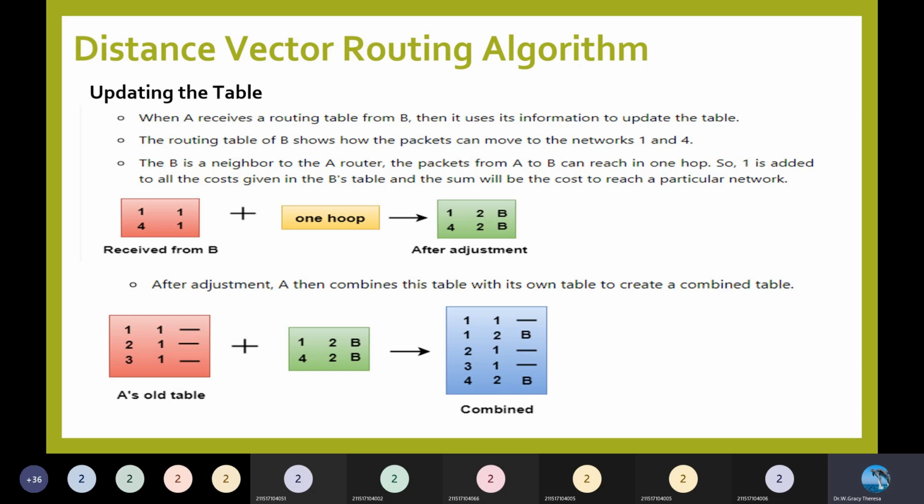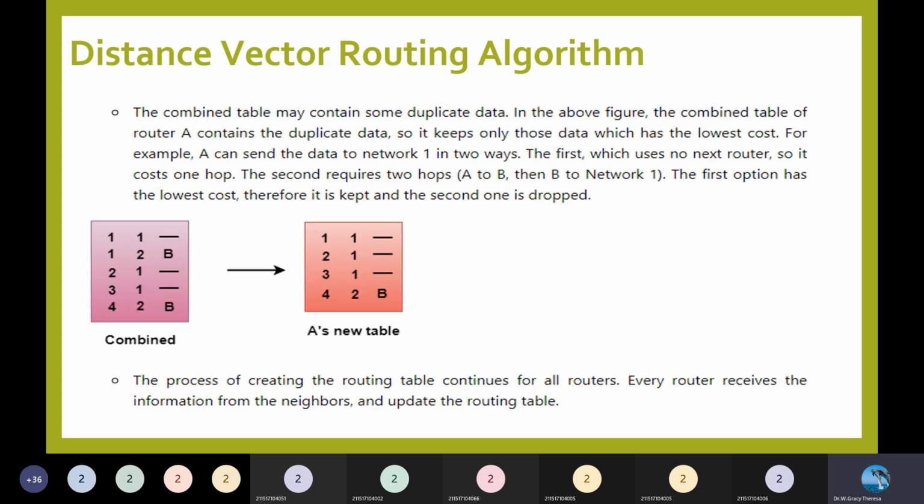Which is the minimum? Of course, 1 is the minimum, so it uses the old entry. This comparison will happen in the next phase, where the combined table and the new table will be updated, and the node with the least route will be selected and used here.